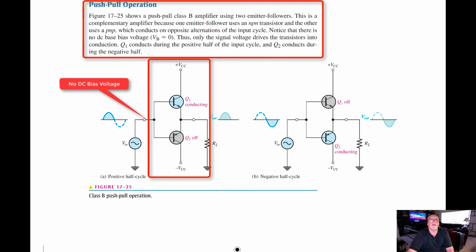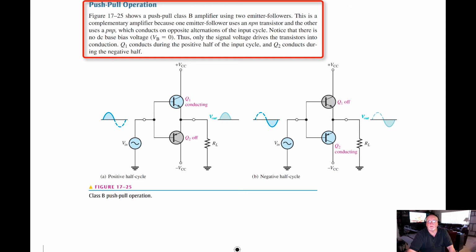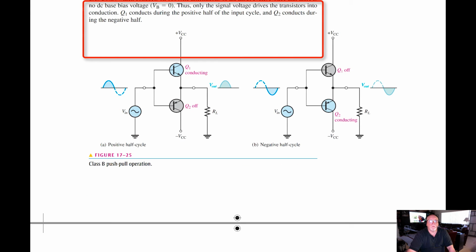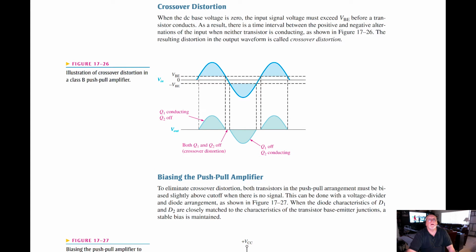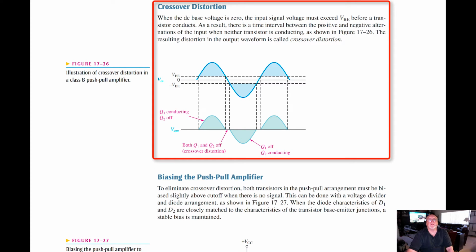Transistor 1 conducts during the positive half of the input cycle. Transistor 2 conducts during the negative half. So we can see that in the diagrams. When the DC bias voltage is 0, the input signal voltage must exceed the voltage base to emitter before the transistor conducts.